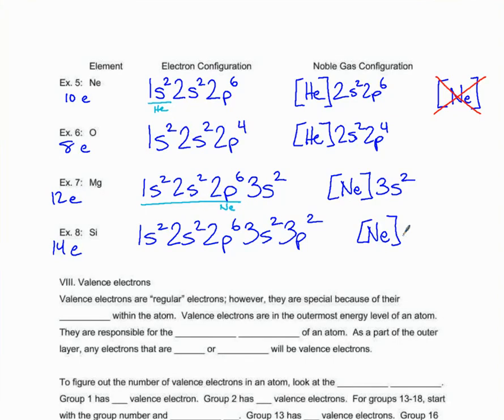Then we have to represent the electrons in the outer energy level, which is energy level 3. 3s2, 3p2. So here's 10 electrons, 11, 12, 13, 14. And this is going to be a nice abbreviation.